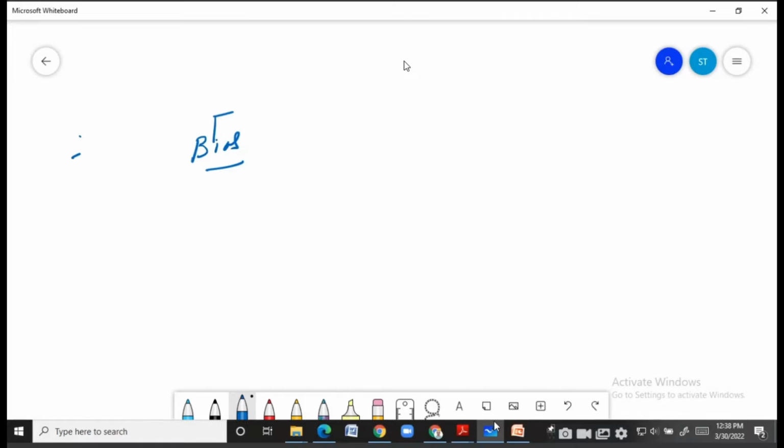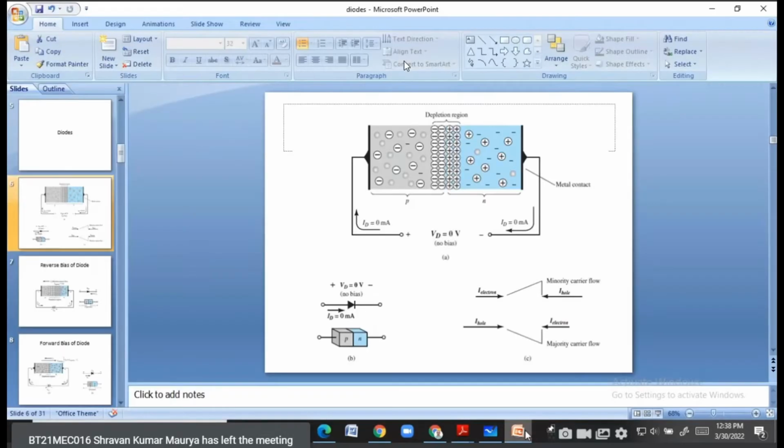I think all of you are aware that the symbol of a diode is like this. If you look at the previous figure, the left hand side is the p side and the right hand side is the n side.